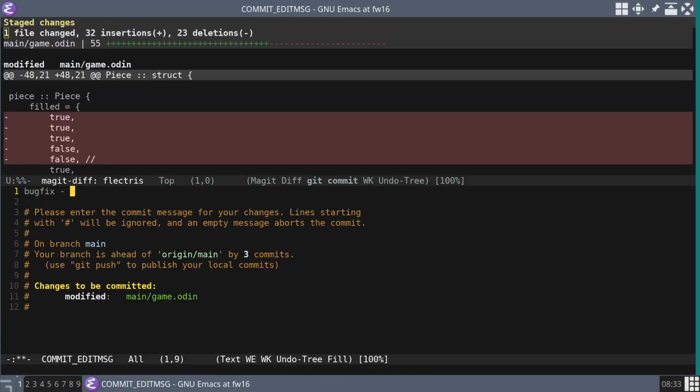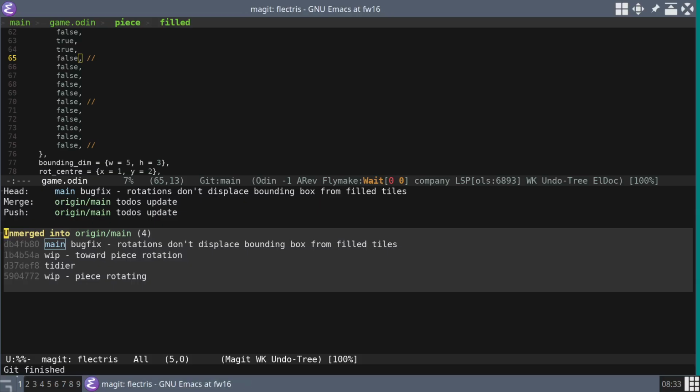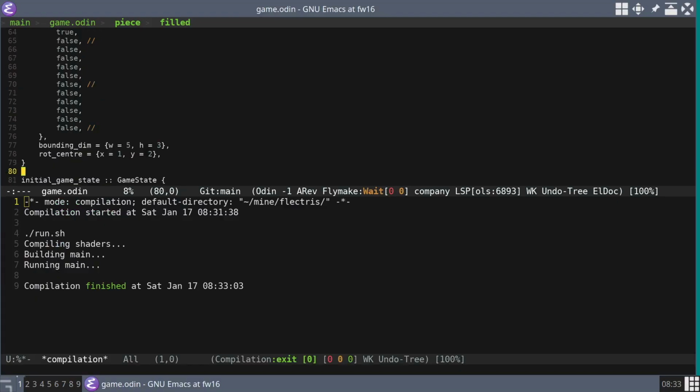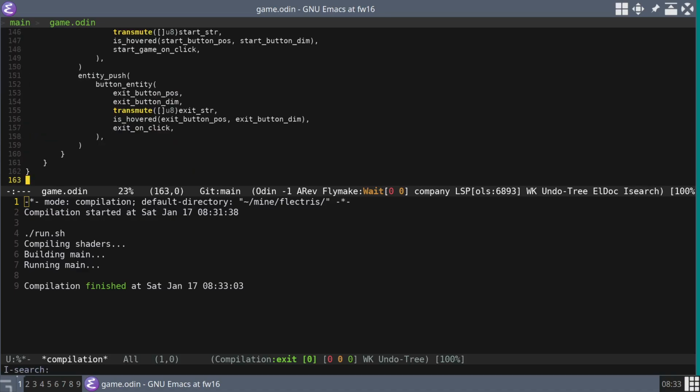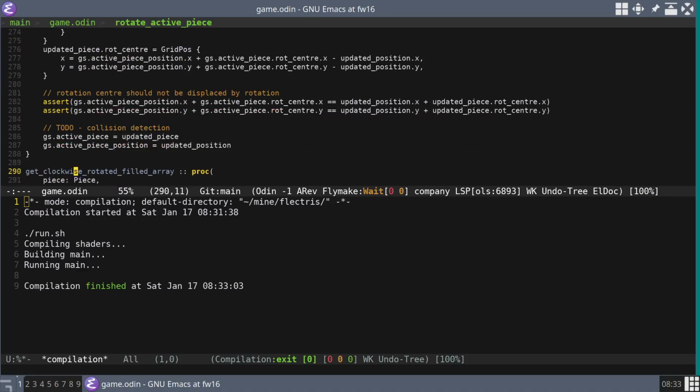That is bug fix: rotations don't displace bounding box from filled tiles. Excellent. What's left to do? Collision detection.